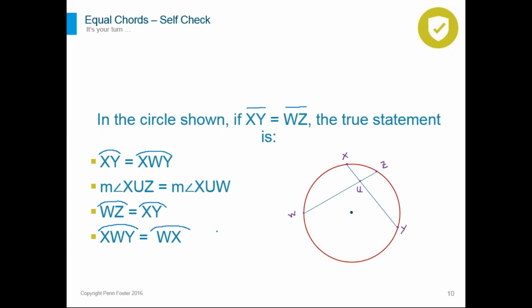The true statement is, which one of these is true? Just one statement is true. I'm going to leave the figure for you because when I change my screen, the figure of the circle is not going to be there. So you can examine each of the given choices and see which one is true.